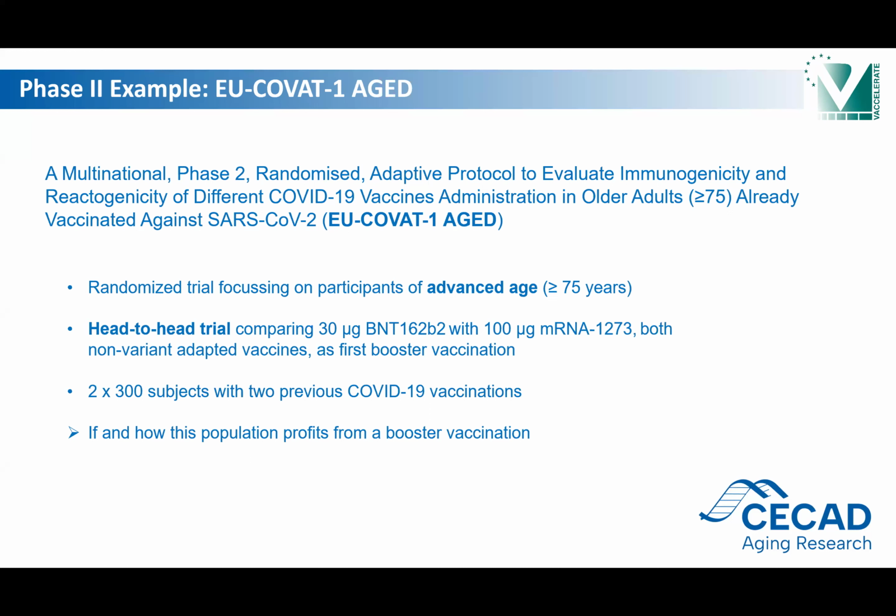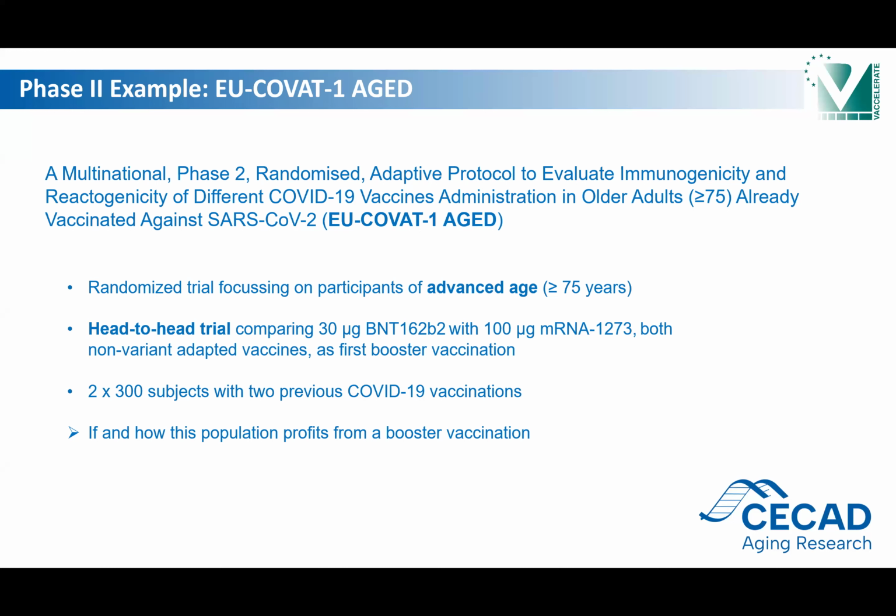And it is a head-to-head trial comparing 2 different mRNA vaccines, which were both non-variant adapted, as the first booster vaccination. So the elderly people that were included in the study, which were 2 times 300 subjects, and therefore a representative number of what we have seen on the previous slide, have already been vaccinated 2 times with a COVID-19 vaccine and now receive one of those as their first booster vaccination.